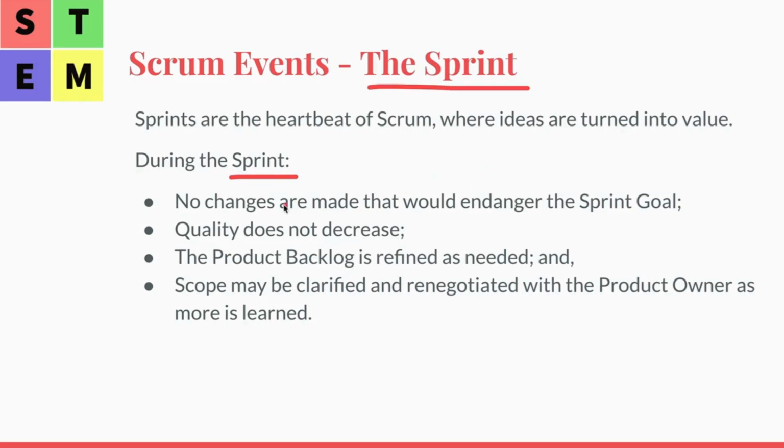No changes are made that will endanger the sprint goal. Quality does not decrease. The product backlog is refined as needed. Scope may be clarified and renegotiated with the product owner as more is learned. Basically, the sprint is the development cycle where there's a beginning and an end.